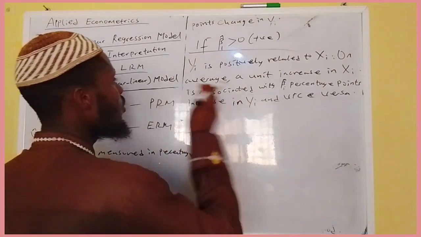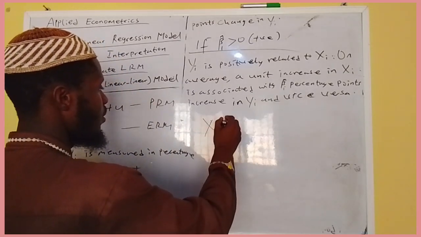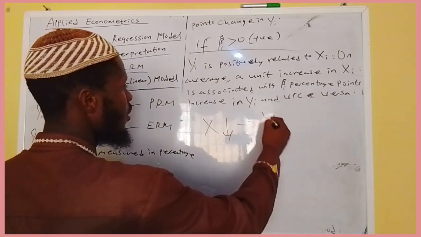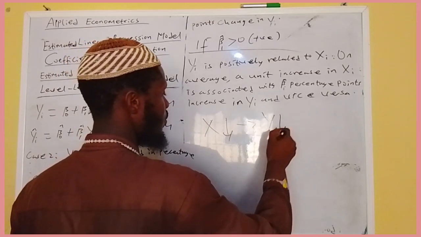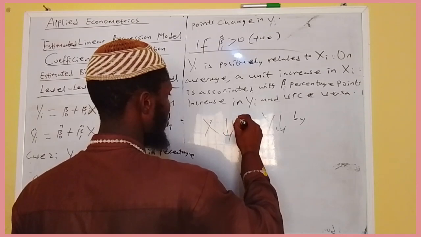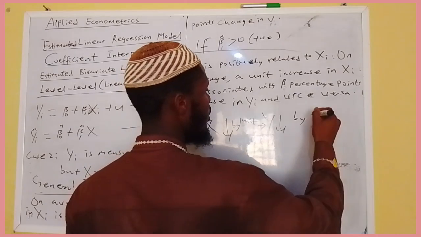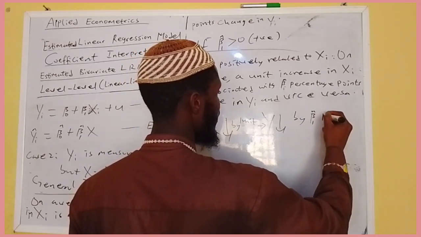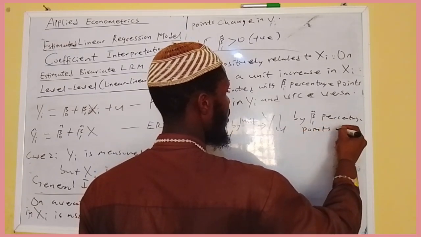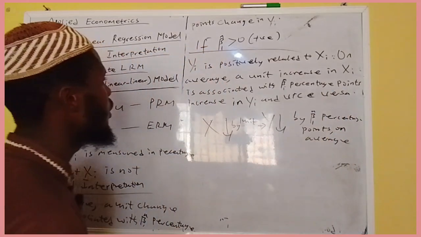In other words, when x falls by one unit, y will also fall by beta 1 hat percentage points on average. So that is what vice versa is doing there.